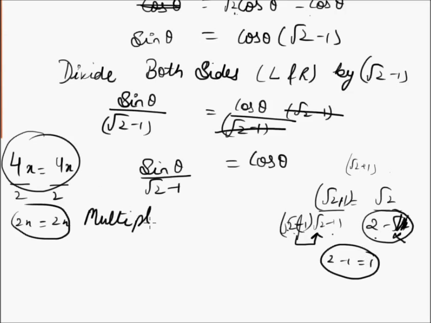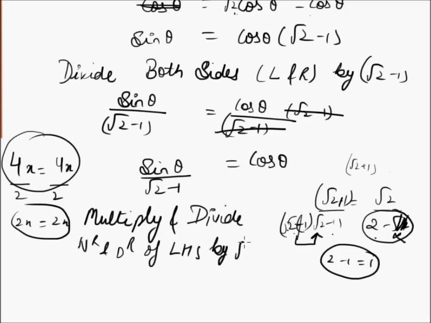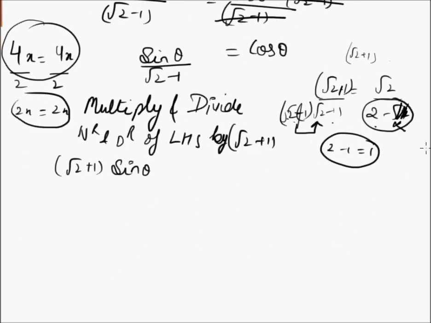Multiply and divide the numerator and denominator of the left hand side by under root 2 plus 1. So we have under root 2 plus 1 over under root 2 plus 1 into sin theta over under root 2 minus 1.